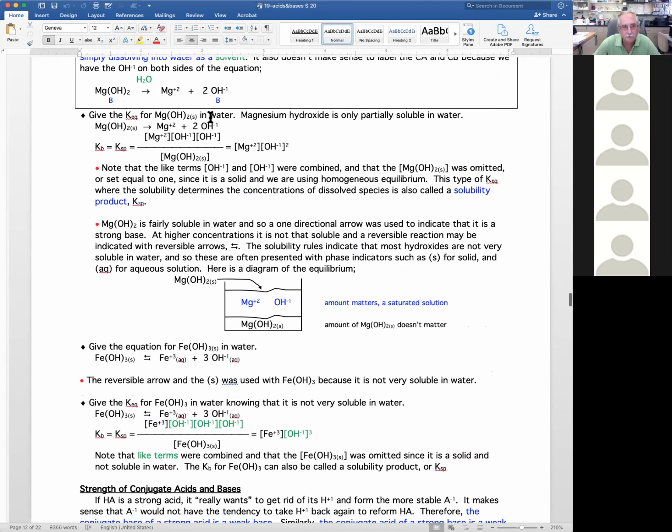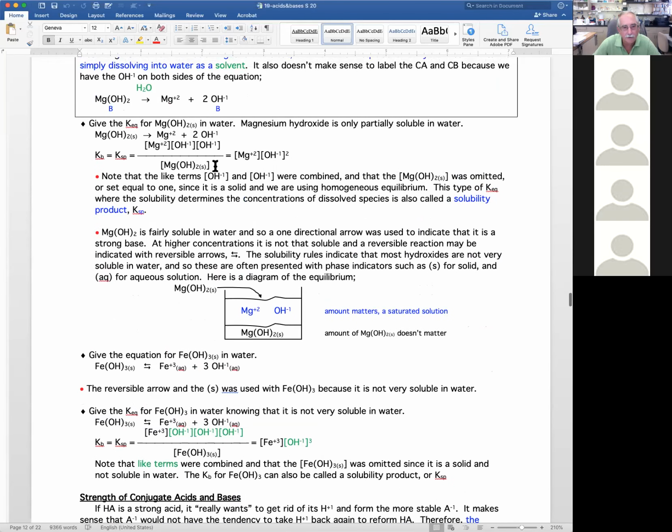So I'm leaving out the solid magnesium hydroxide. The equilibrium constant can be called the Kb because it's a base. It can also be called the Ksp, which stands for the solubility product.